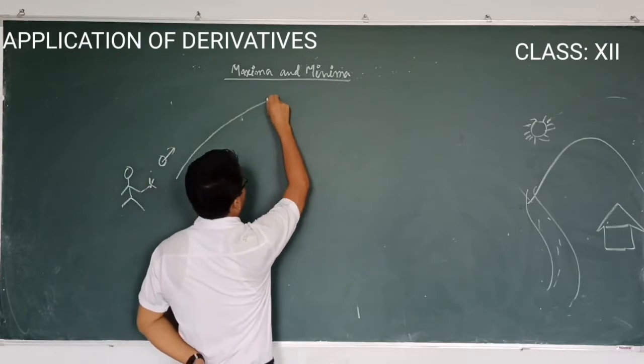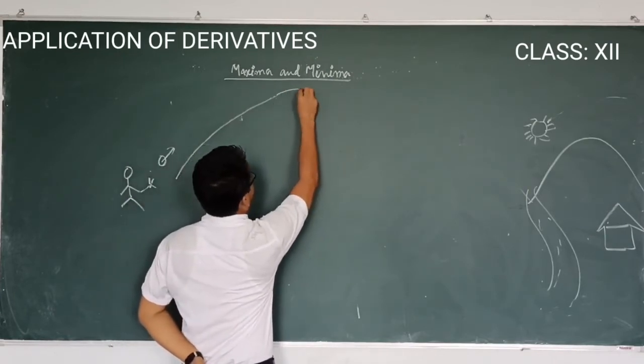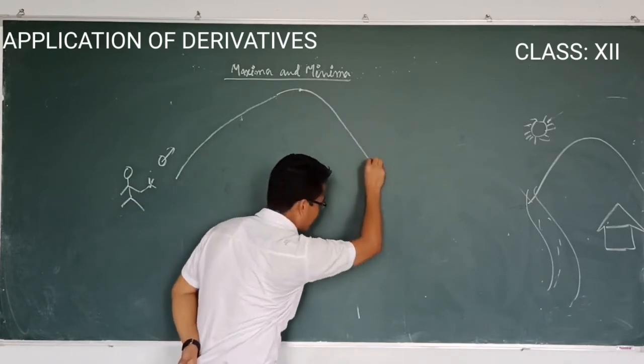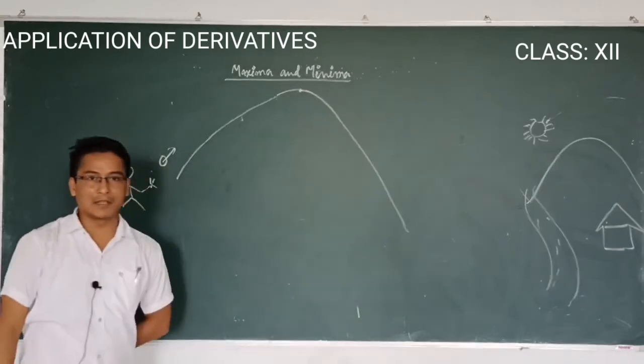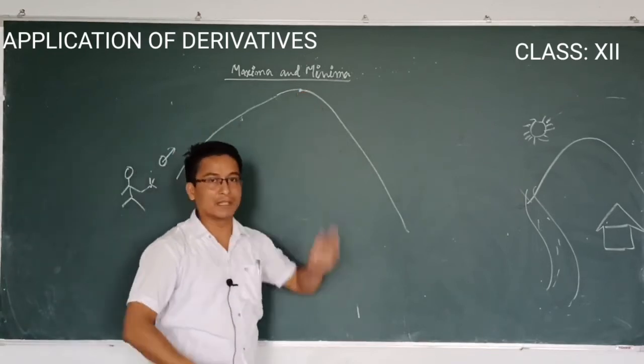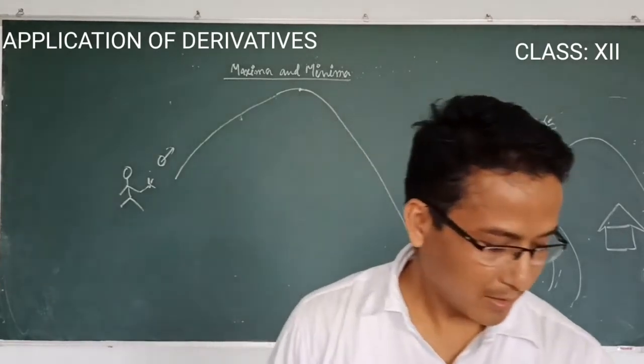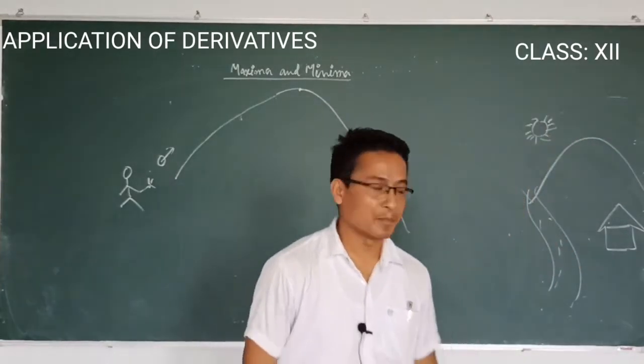What happens to the stone? This is the hand, and he throws the stone like that. The stone goes in this way, suddenly reaches some point, and after that it falls down.